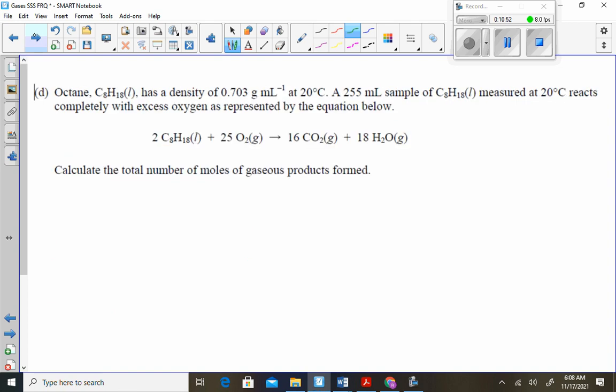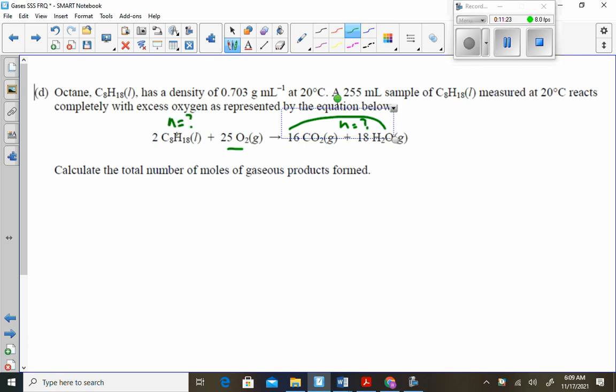Part D, our last part of this problem. Now we're taking a hydrocarbon. We're given the density, the temperature, the volume, and we're told that it reacts with excess oxygen. So now we want to find the total number of moles of gaseous product formed. If we want to know the moles formed, we have to figure out how many moles of this we started with first.